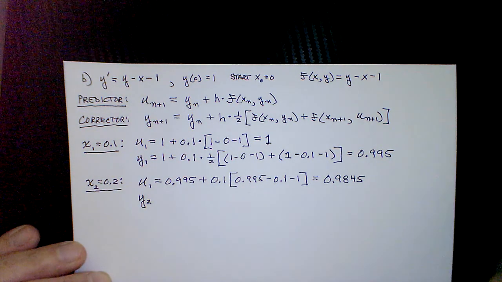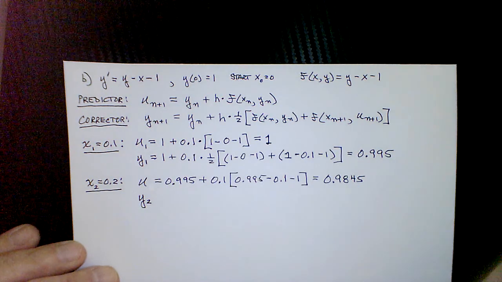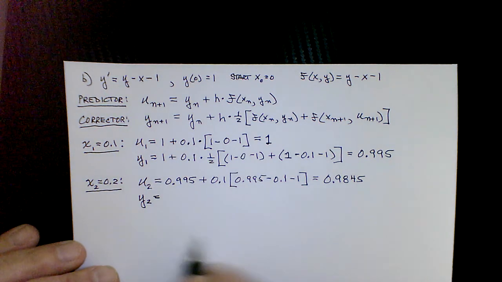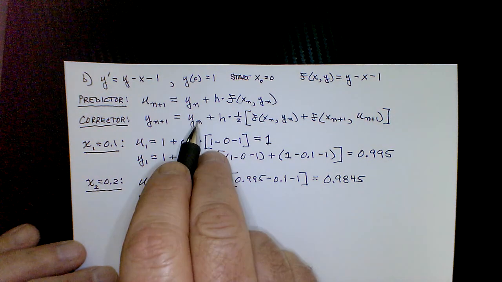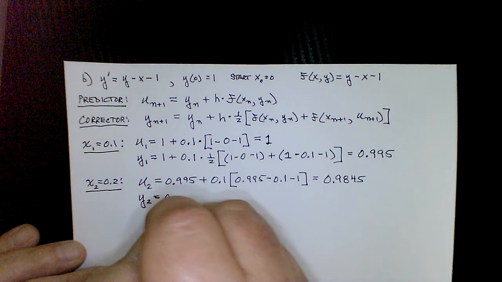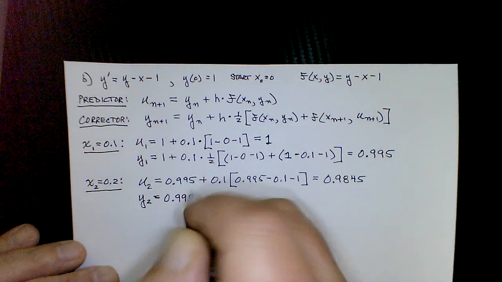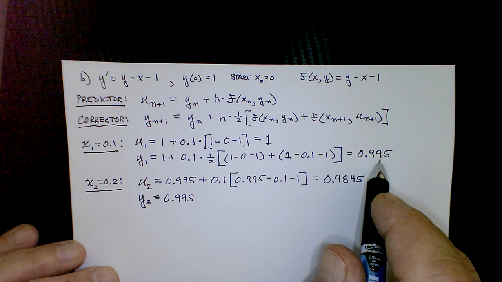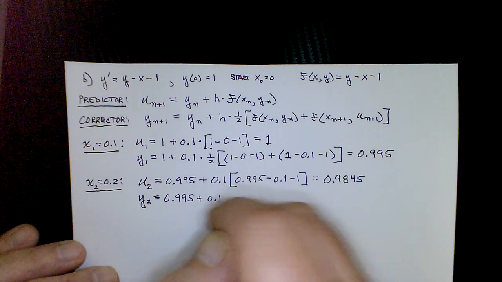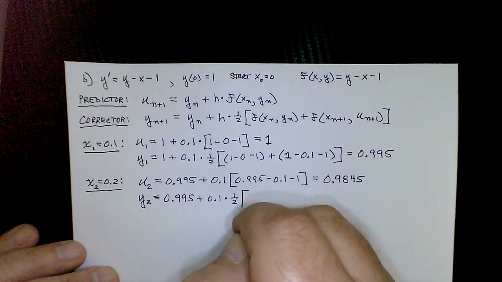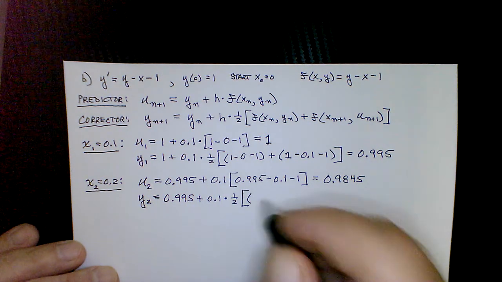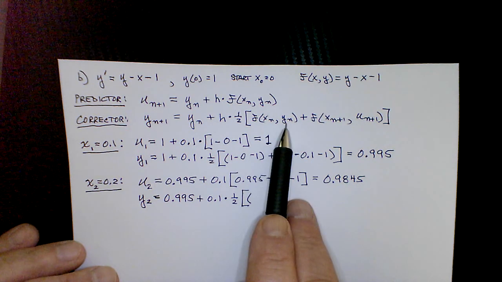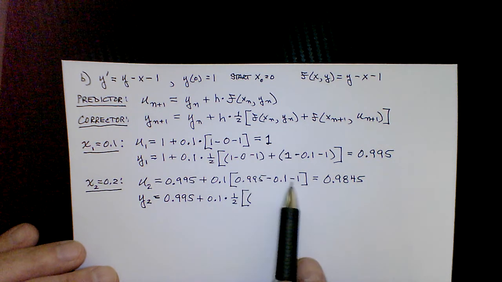Okay, so now the corrector, y sub 2, this should be u sub 2, I'm sorry. Okay, so now the corrector, y sub 2, is going to be y sub n, so that's the same previous y value, 0.995, y sub 1, basically, because we're at 2, so go back to y sub 1, plus the h, still 0.1, times 1/2, part of the average of, okay, now, once again, the first part of this, what's in brackets here, is just the previous function that we evaluated.